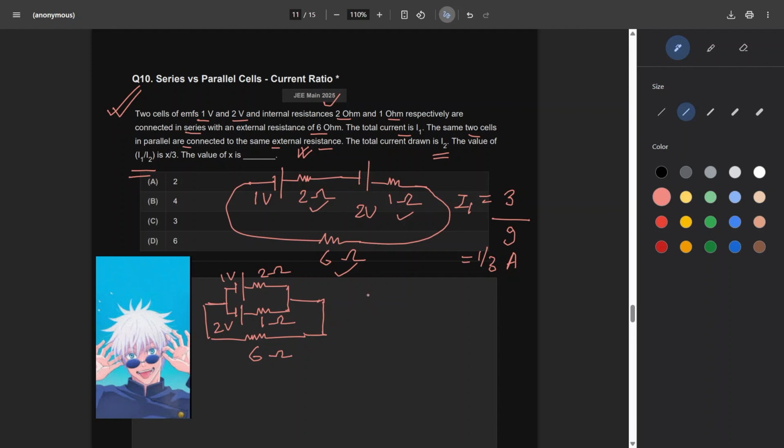So, what do we have? We need the current, right? We need the current. For current, we can just replace this whole thing with an EMF and a resistor, right? So we can just replace it. Simple.